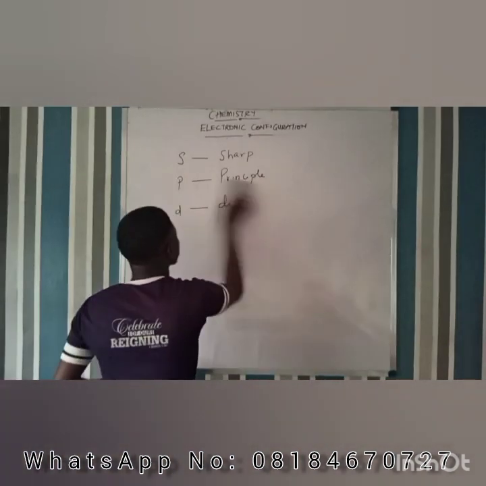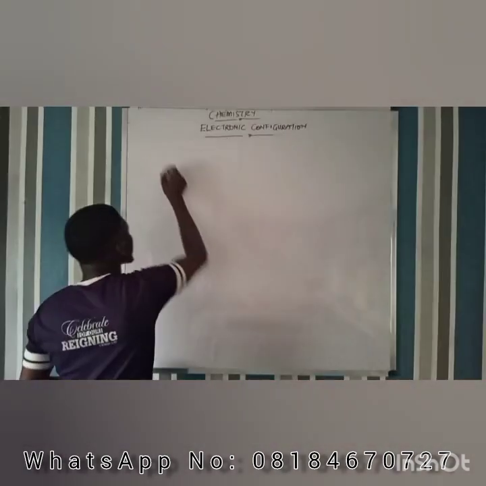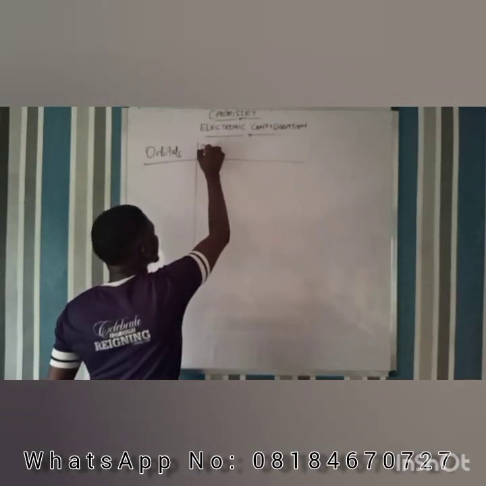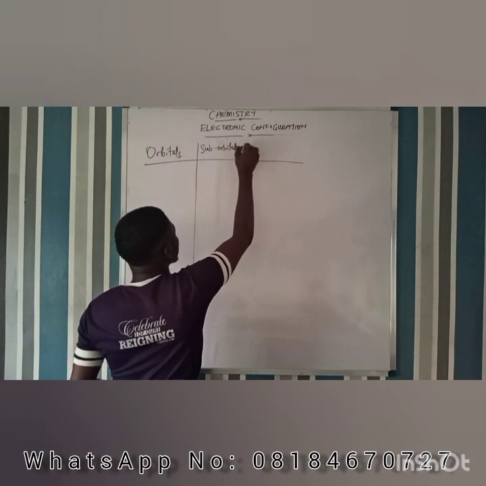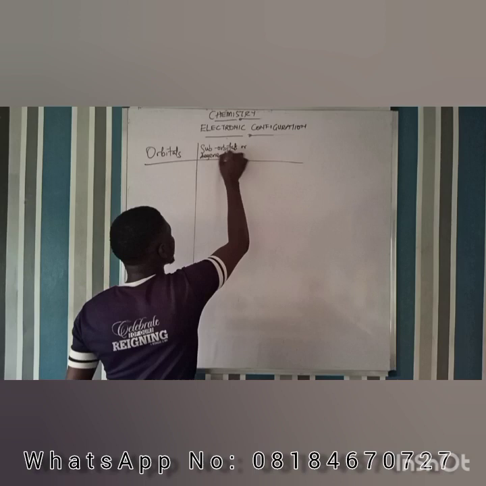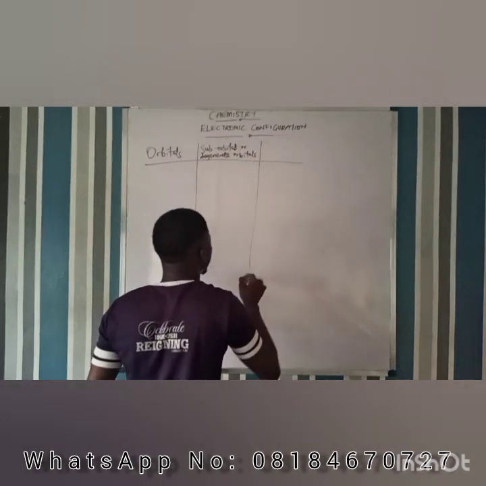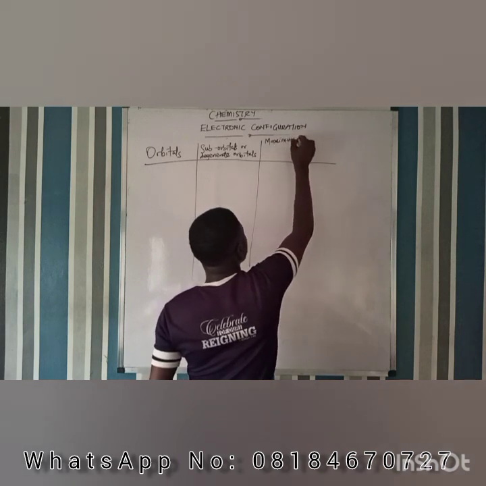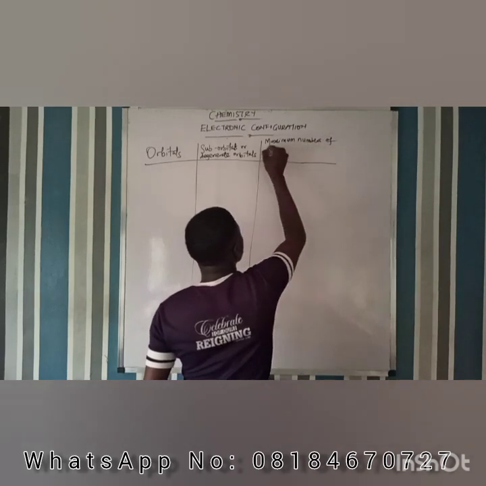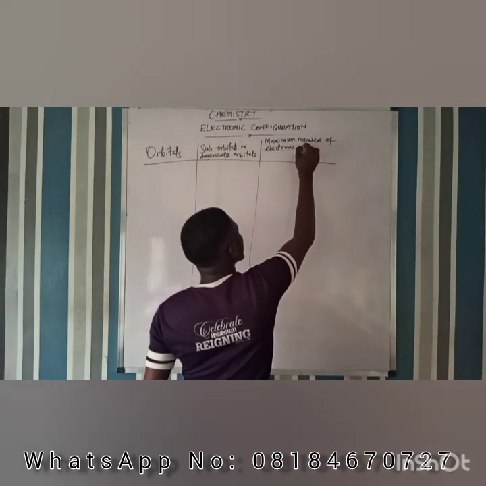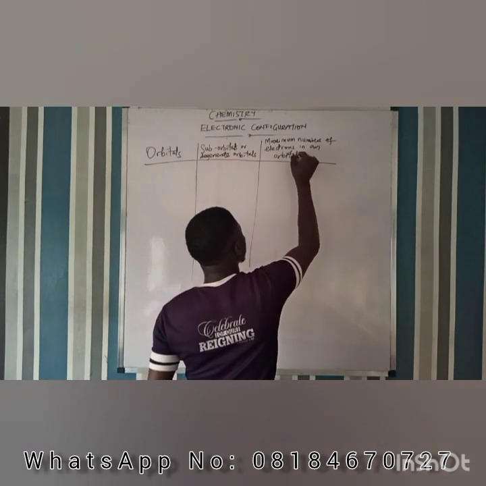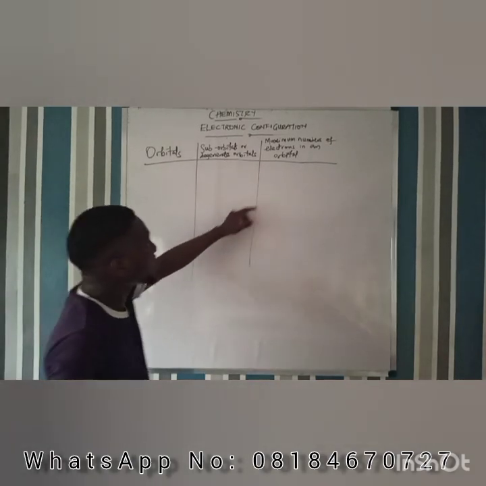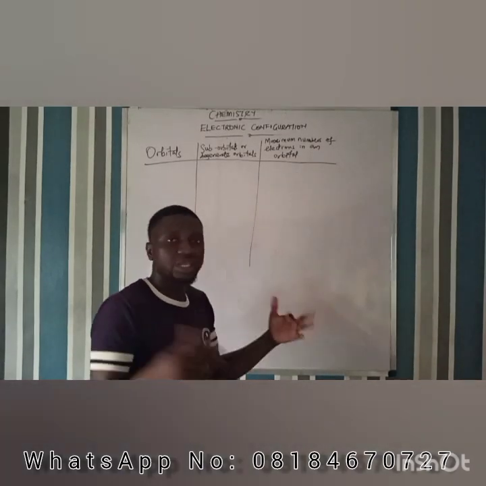Let's check it out. Up here we have the orbitals, here we have the suborbitals or degenerate orbitals, and here we have the maximum number of electrons in each of these orbitals.